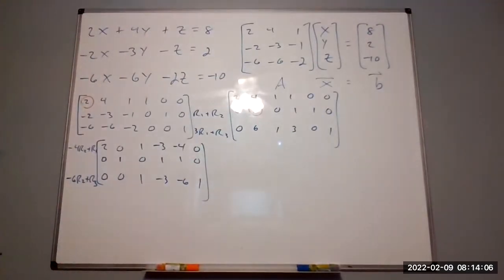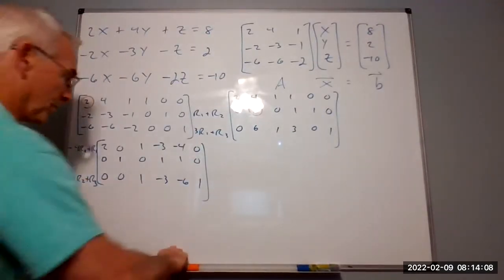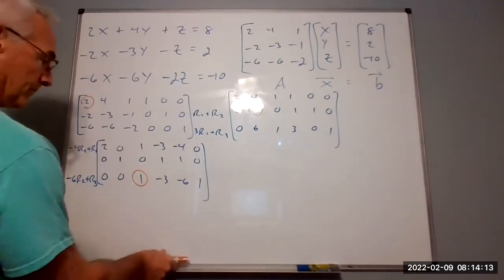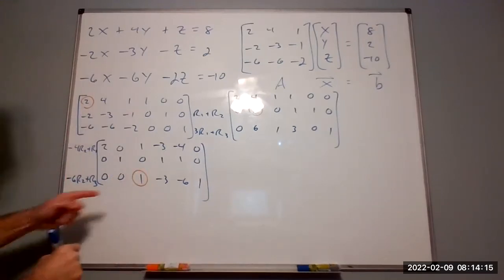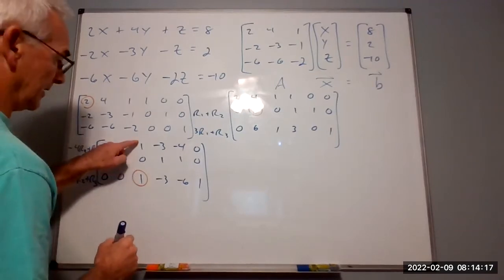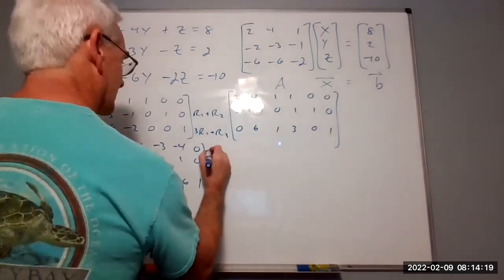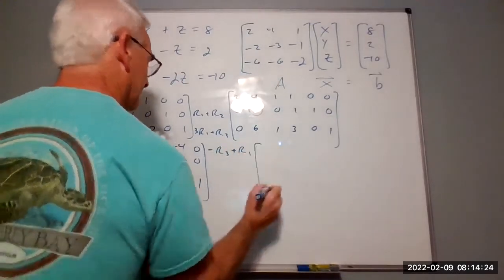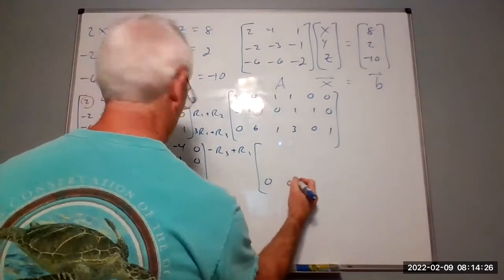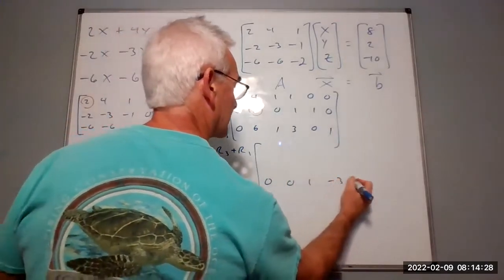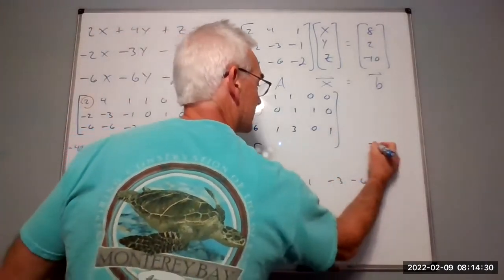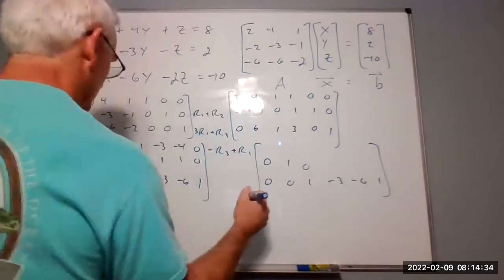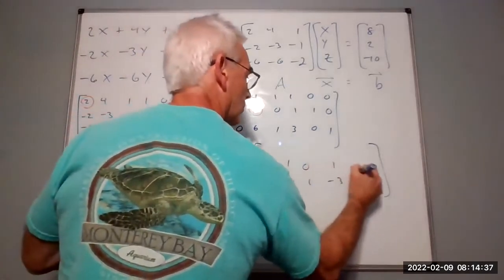So once again, I'm in a really good place here. I have my pivot of 1. So now we'll use that guy to put a 0 here because I've already got a 0 there. So how about negative row 3 plus row 1? So 0, 0, 1, negative 3, negative 6, 1. 0, 1, 0, 1, 1, 0.